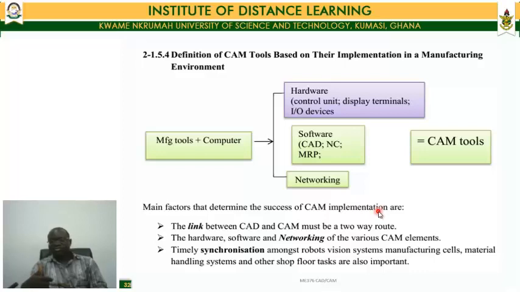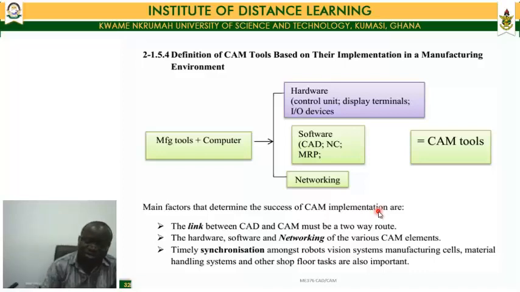So that we say the link between the CAD and CAM must be a two-way route, so that I can make changes in the CAD model, send it back to CAM, the manufacturing system, and simulate the manufacturing. When I notice there are problems, I send the CAD model back to the CAD software and make changes. So we say that the link of the CAD and the CAM must be a two-way route.